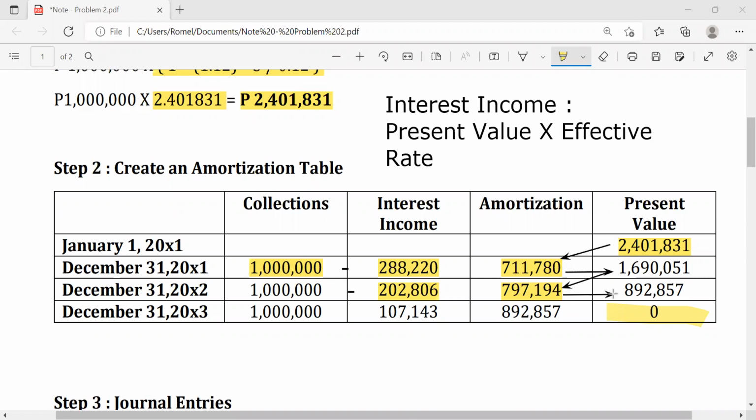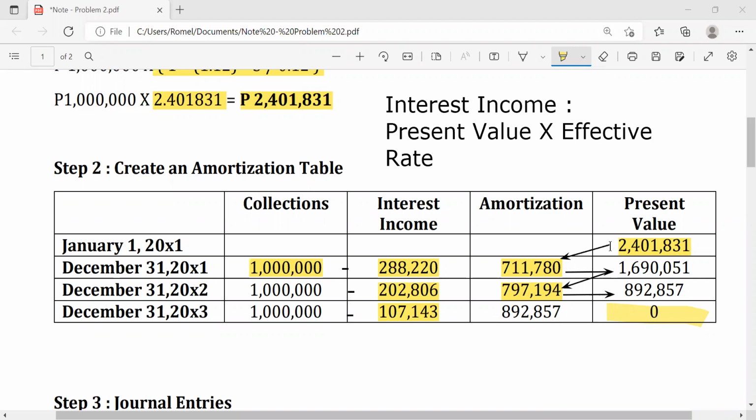And then for 20X3, so the same lang, 892,857 times 12%, we will arrive at 107,143. And then, we will deduct 1 million pesos minus 107,143. So the amortization is 892,857.